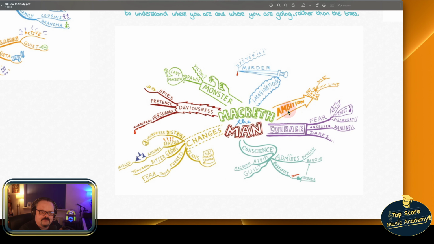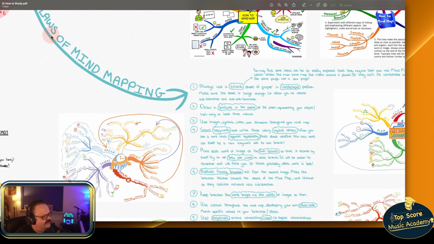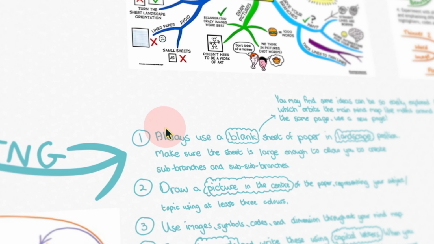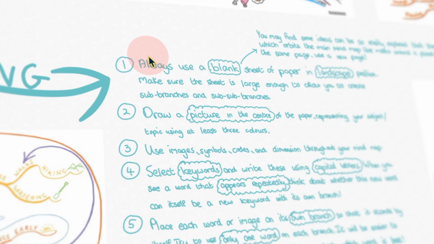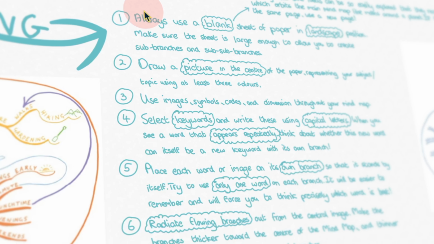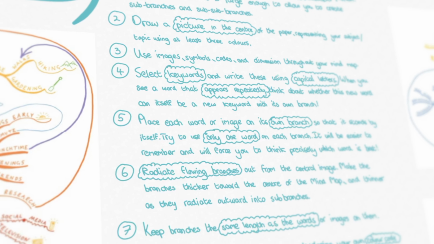Okay guys, so those are the laws of mind mapping according to the man himself who came up with the modern idea of mind mapping, Tony Buzan. Again, I probably fall at most of those hurdles.